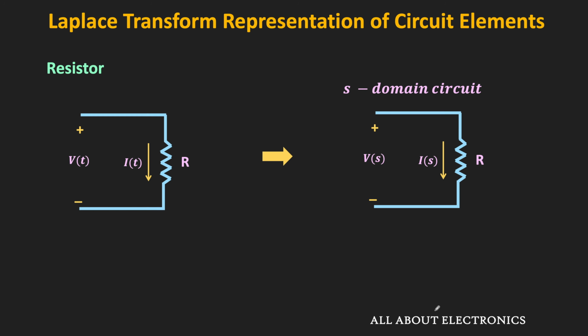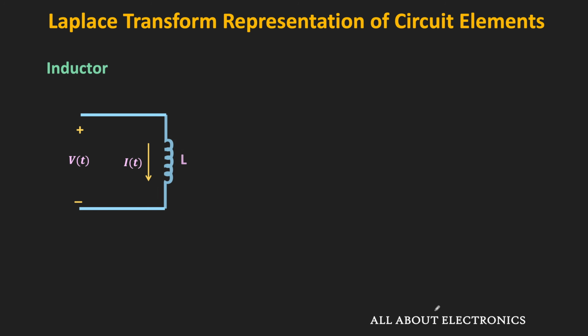Similarly, let us see the equivalent S domain representation for the inductor. Let's say the voltage across the inductor is equal to V of t and the current through the inductor is equal to I of t. Now we know that the voltage across the inductor can be given as L times di divided by dt. Let us take the Laplace transform of this equation.